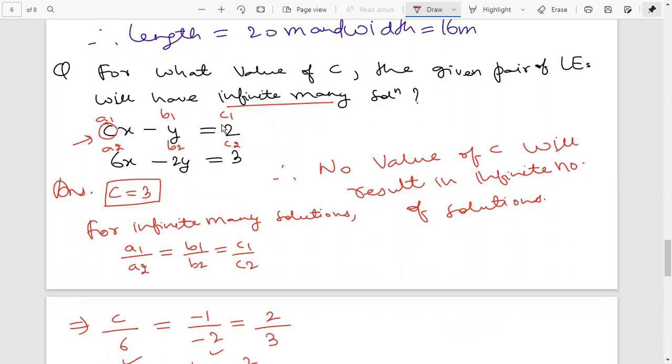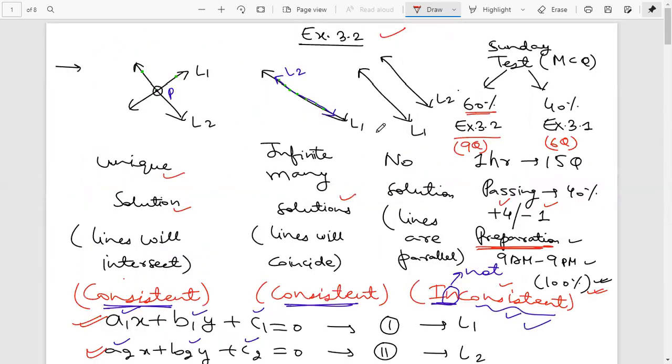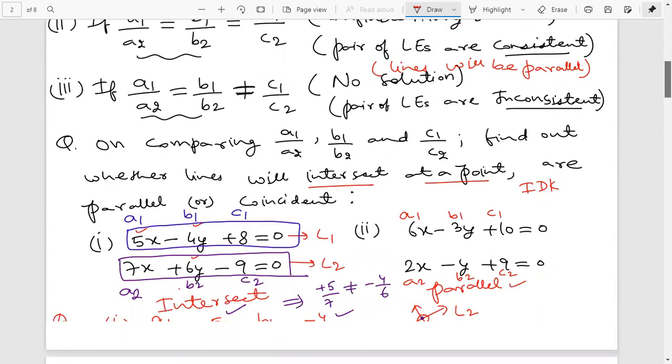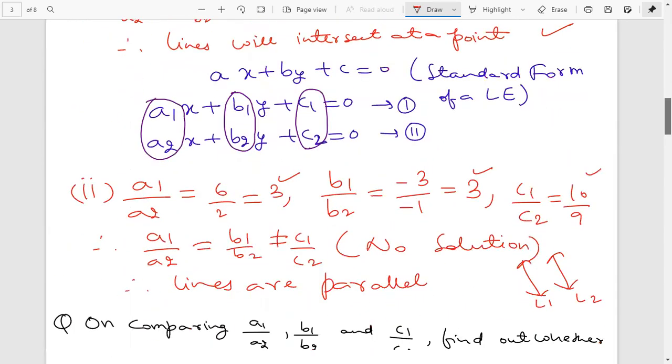Tomorrow we'll also have an extra class, so tomorrow also you can attend. And in that we'll see more basics of this chapter. This chapter we have just started this week, so we only had one or two classes before this class. And for today's class, you understood how we got the solution from these values of A1, A2, B1, B2, C1, C2. So tomorrow also try to attend this extra class.